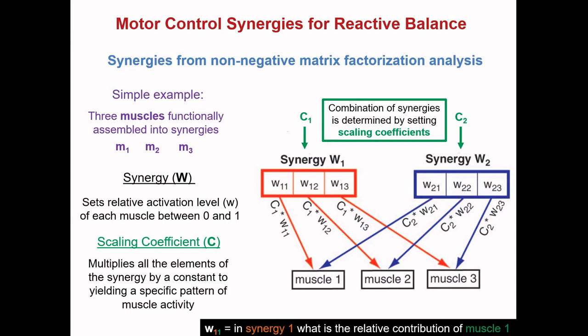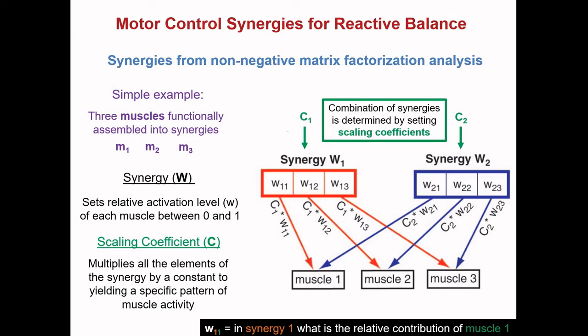To understand this diagram, start by noticing that we have 3 muscles at the bottom: muscle 1, muscle 2, and muscle 3. And in the middle of the diagram, we have 2 synergies, W1 and W2. Finally, at the top of the diagram, we have 2 scaling coefficients, C1 and C2.